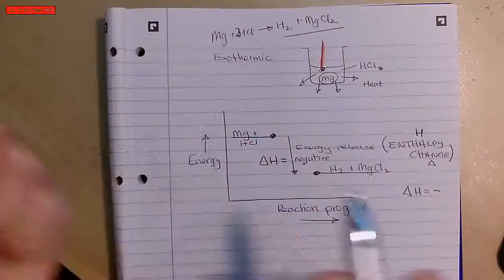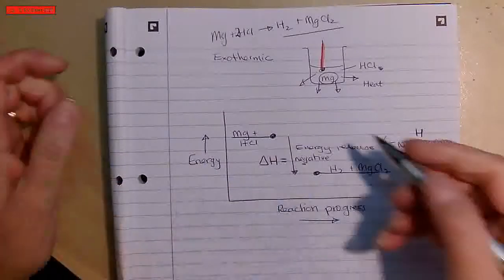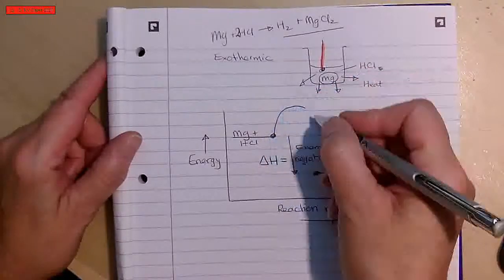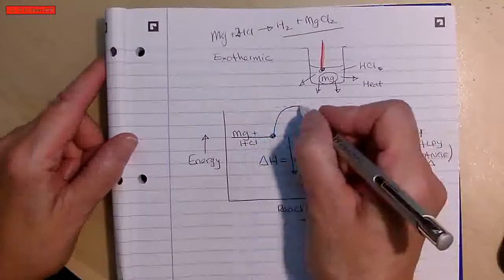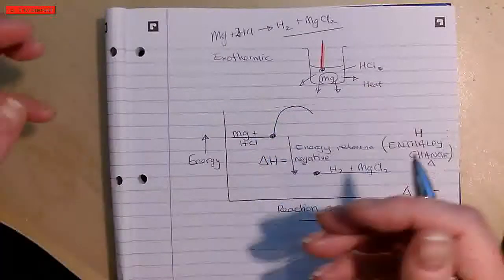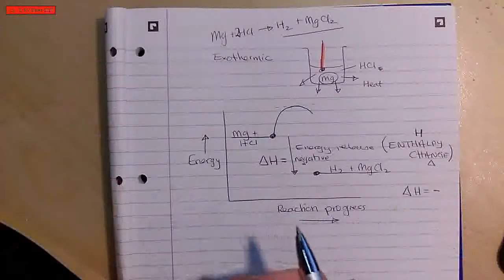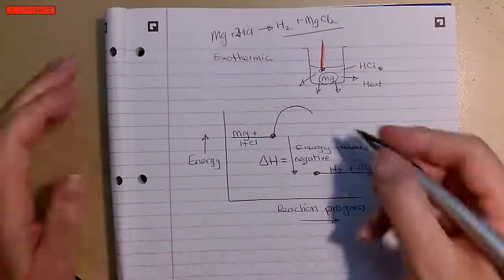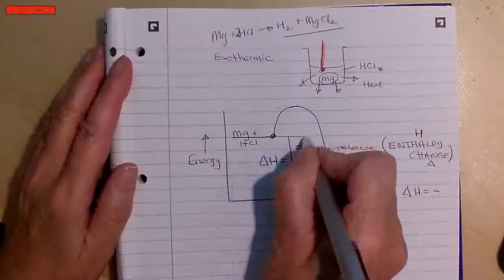Now, the other thing is the magnesium atoms have to be broken apart, and the hydrogen and chlorine atoms have to be broken apart. So we have to put some energy in to begin with. Once we've broken them apart, so at this top here, they can reorientate themselves. So the magnesium atoms can then go with the chlorine atoms, and the hydrogen atoms can come together.